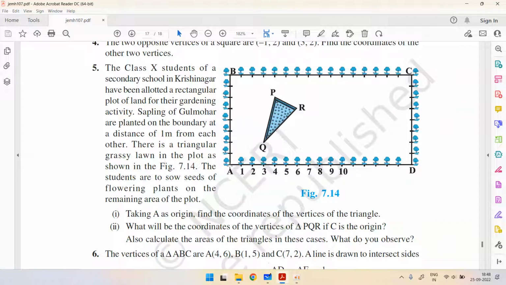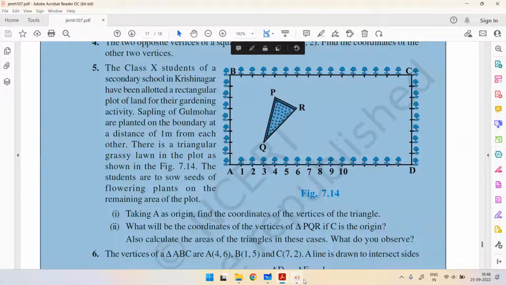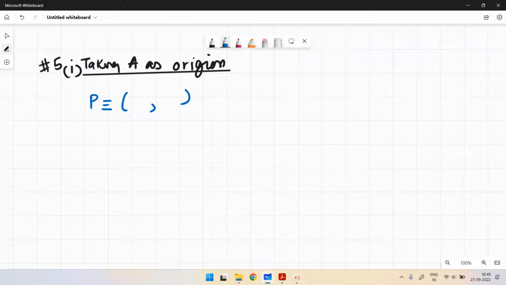The y coordinate will be 1 2 3 4 5 6, and this is 0. So P is 4 comma 6. Next, what is Q?